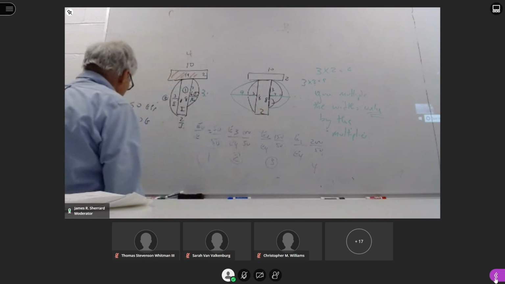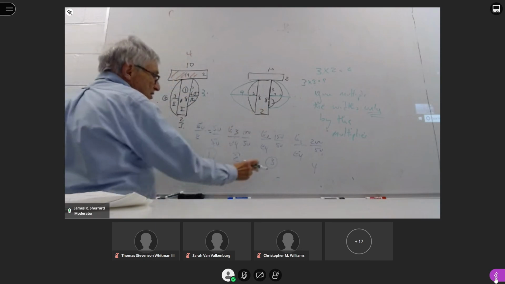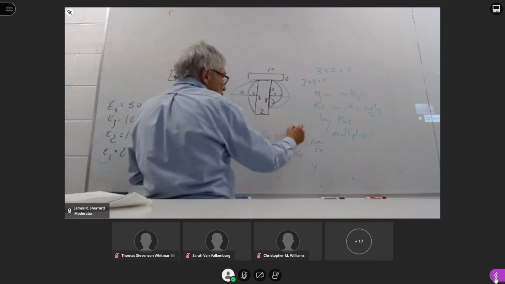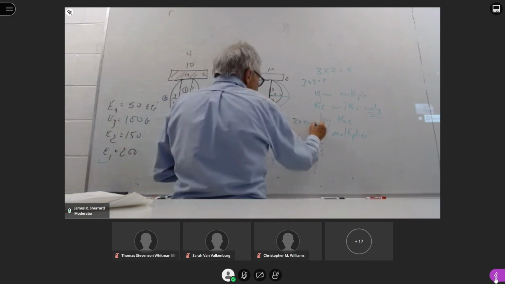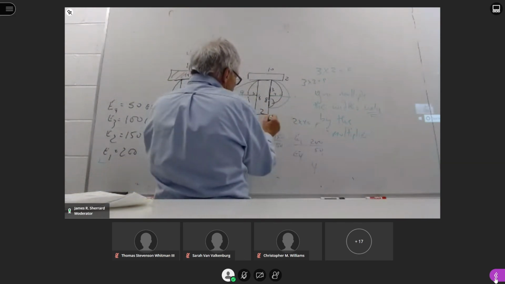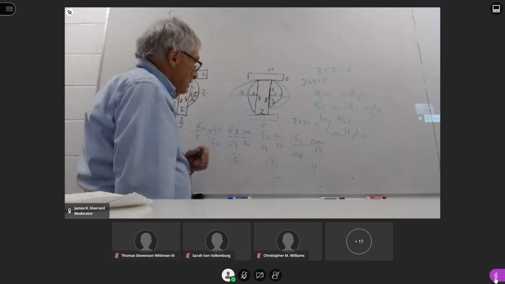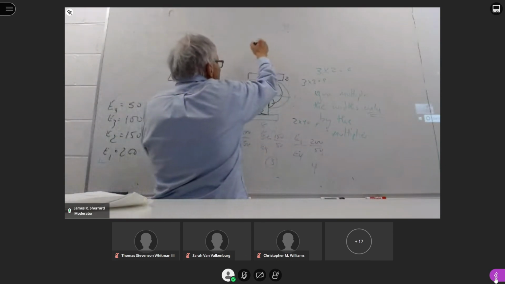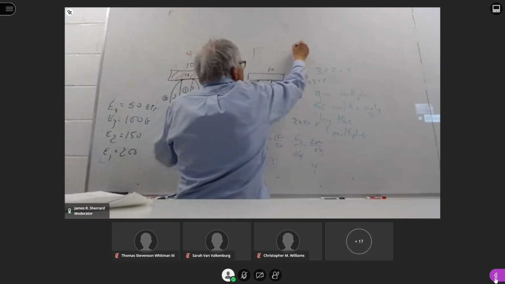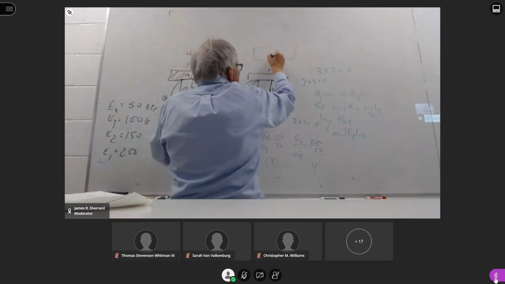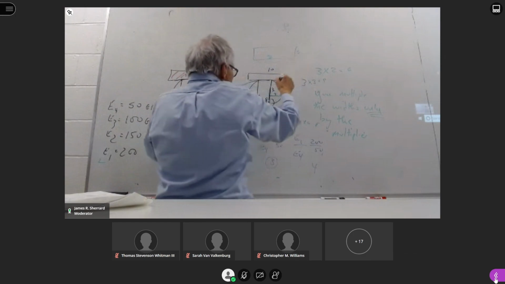And then finally, my other one has a factor of 4. So this was 2. 2 times 4 is 8. So this becomes 8. This doesn't show up very well, but this is now going to be 8 times 2.